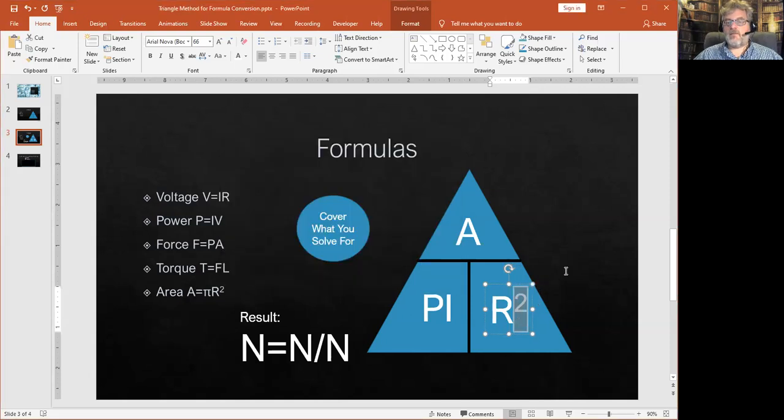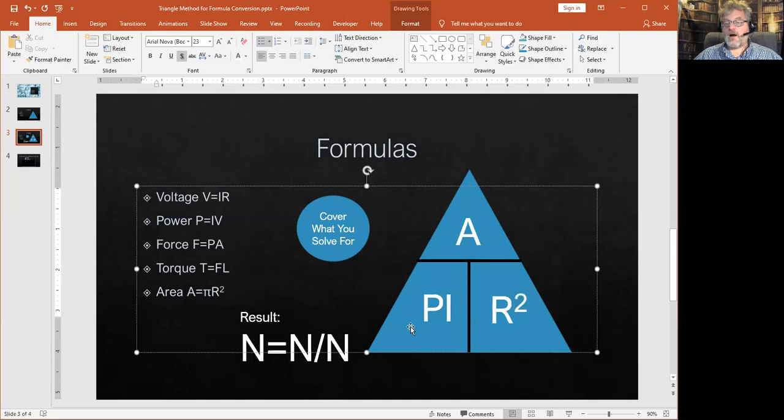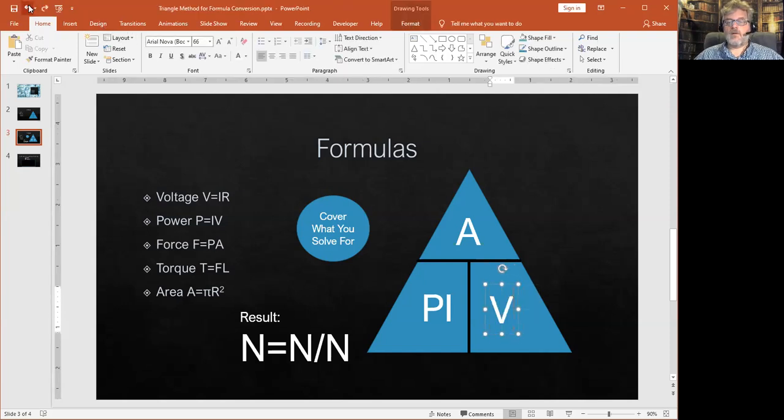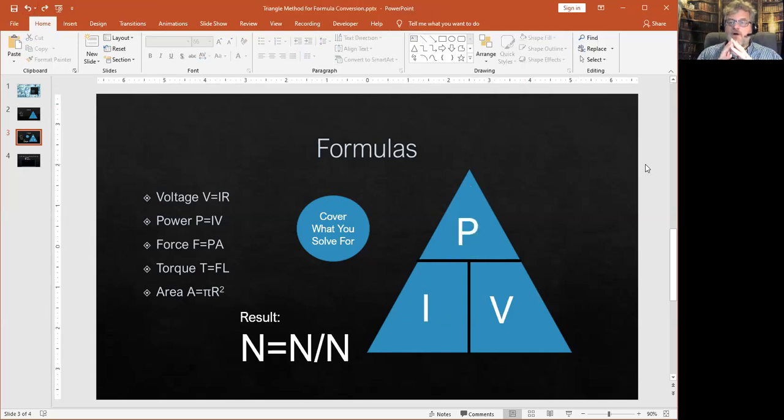So there, I've got area over pi and r squared. So that's my formula all set up. So that's the first step. You load the formula into the triangle.